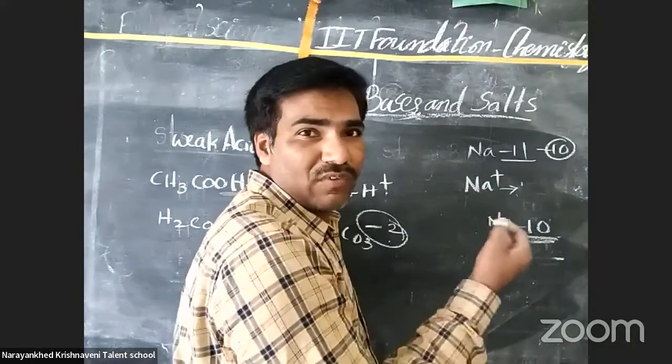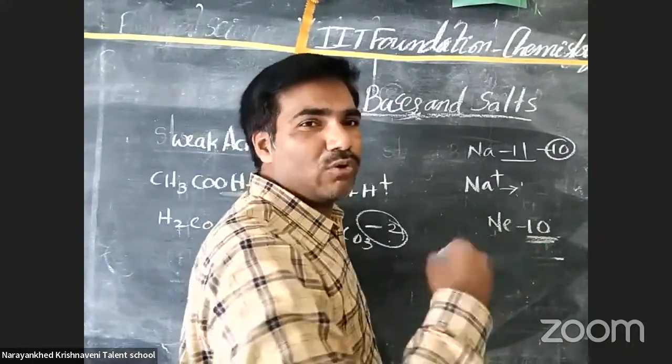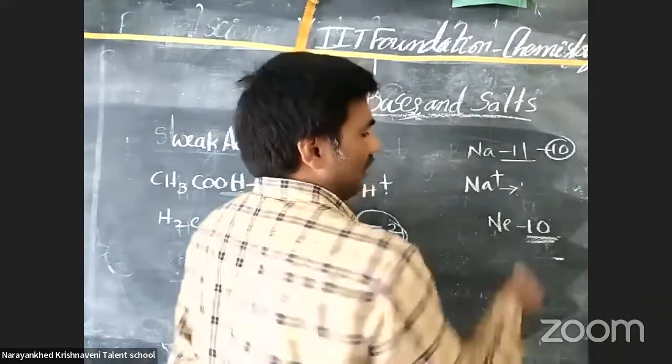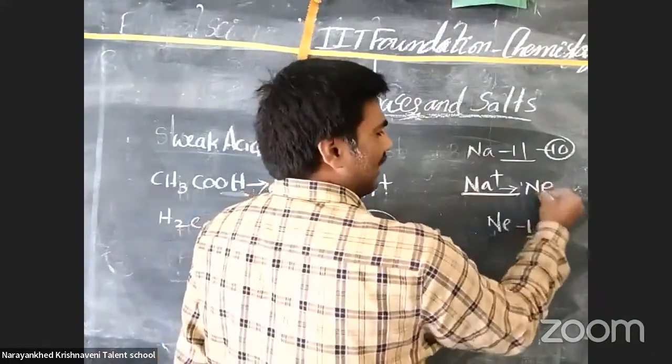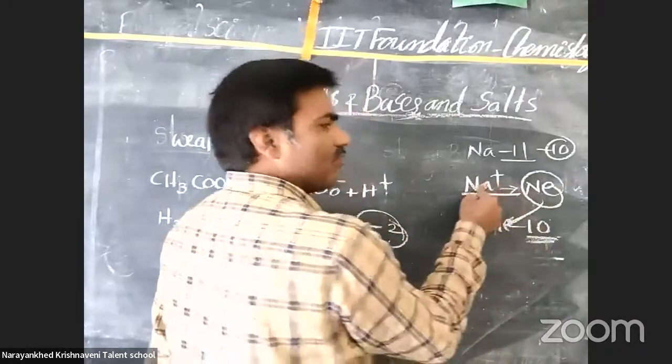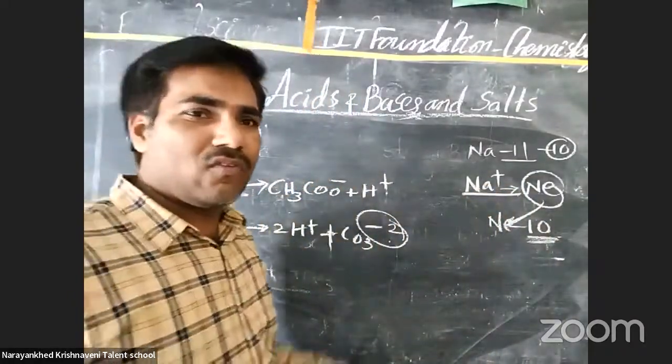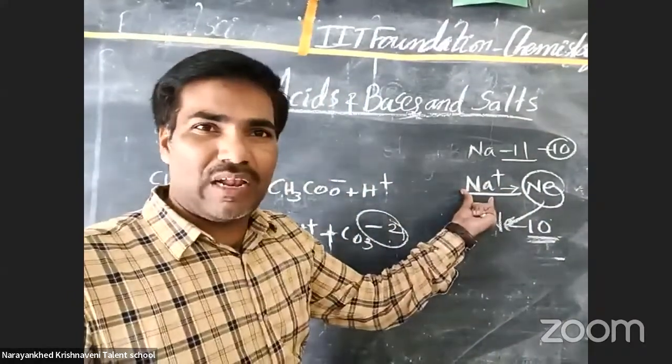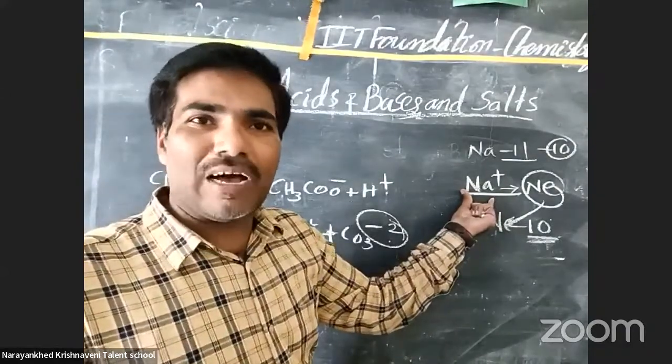For that purpose, for sodium, we have to remove one electron. At that time it becomes like neon, which is stable. That is why sodium loses one electron and becomes a positive ion.